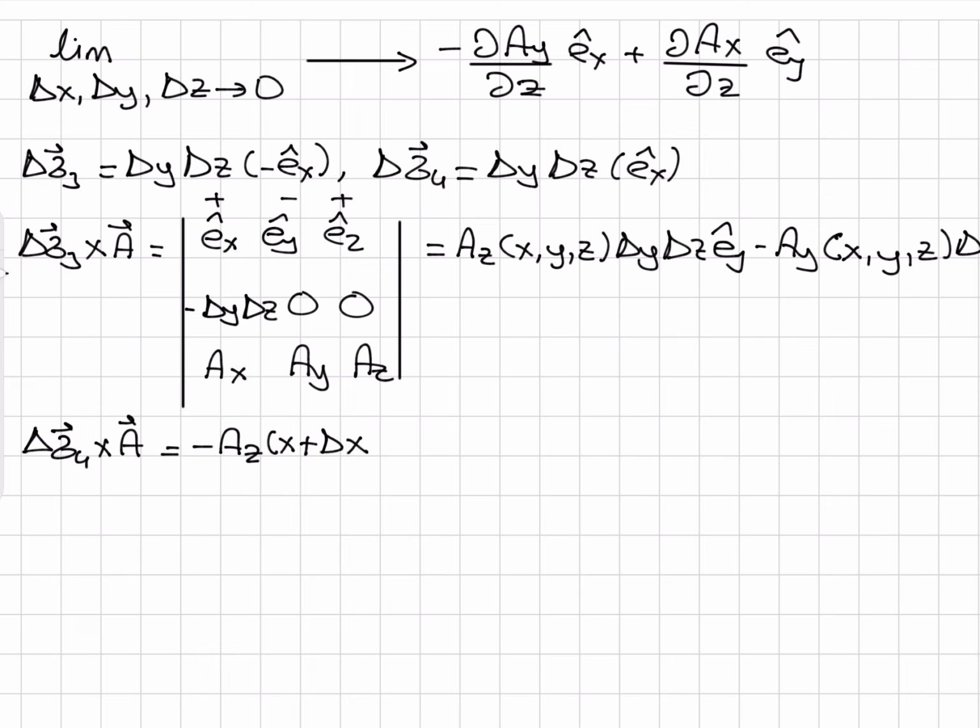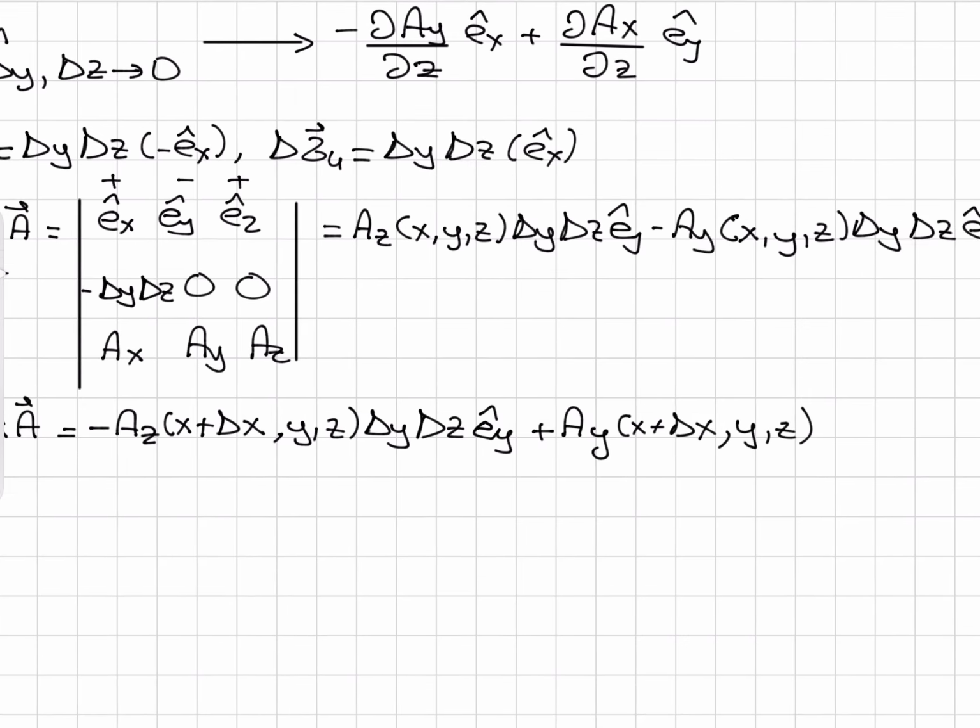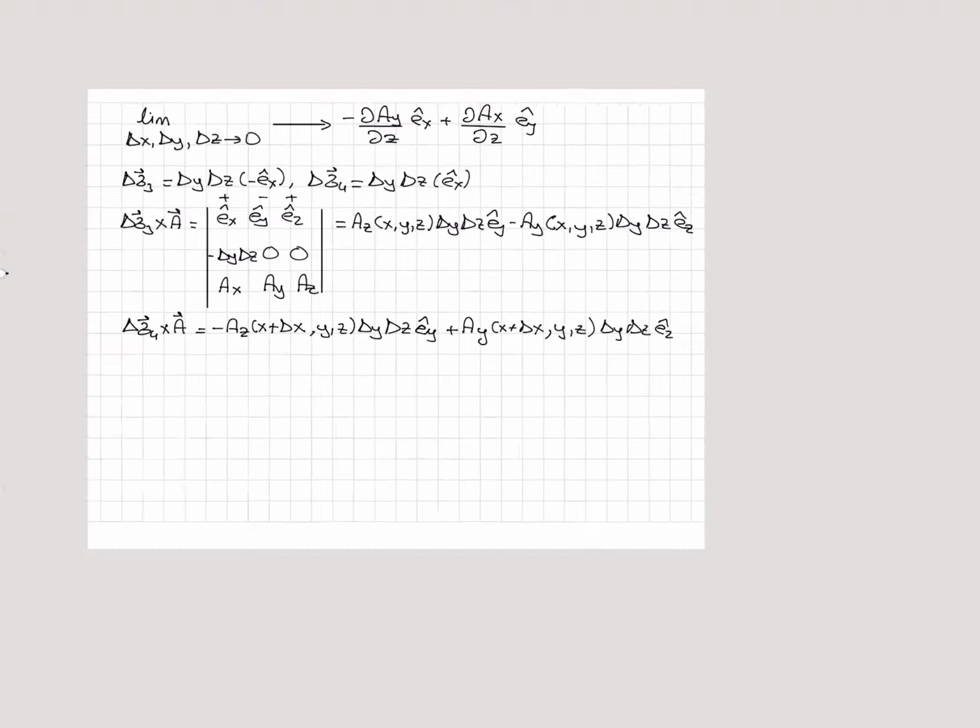At x plus delta x, y, z, delta y, delta z in ey hat direction, and minus becomes plus, plus Ay at x plus delta x, y, z, delta y, delta z in ez hat direction.